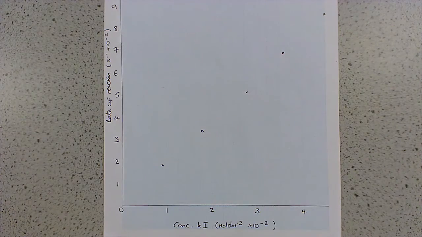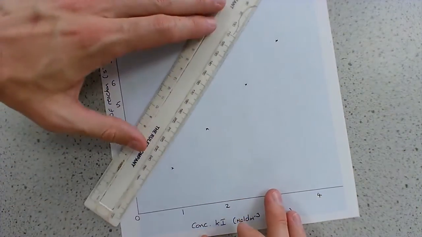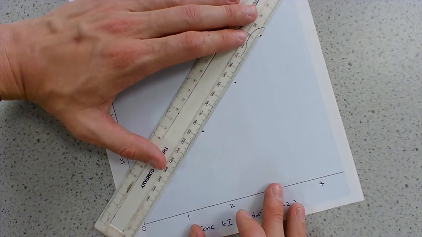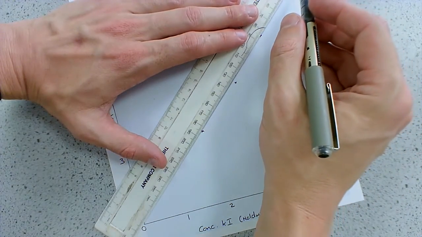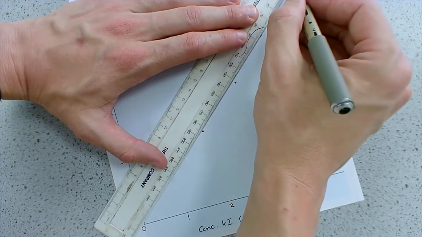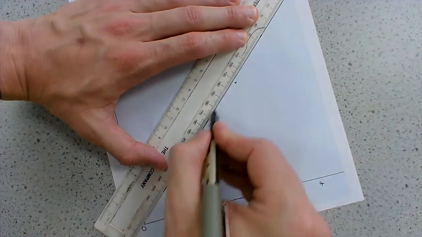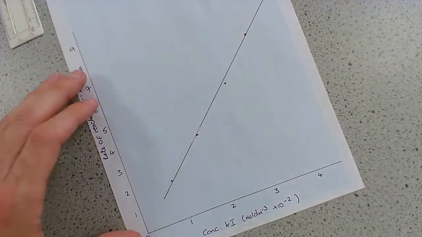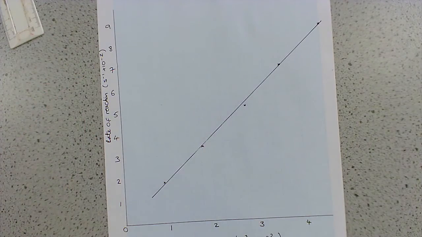So if we grab our ruler, we should be able to draw a nice straight line of best fit through all those plots. It's never going to be perfect. This was a particularly hot day, so there's quite a bit of variation. But there is our line of best fit. So that's a pretty clear linear correlation.